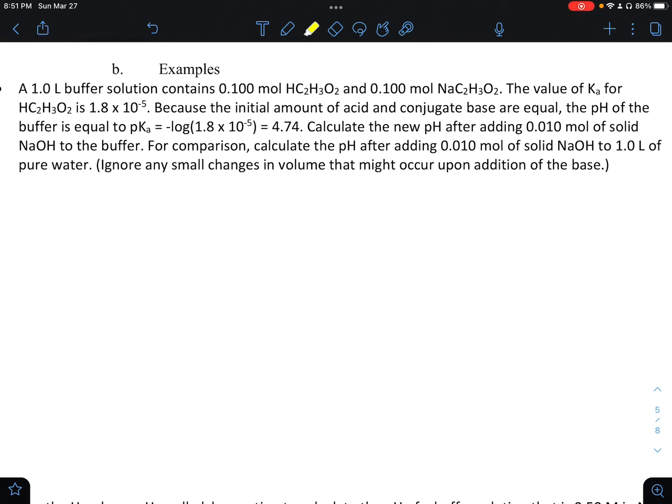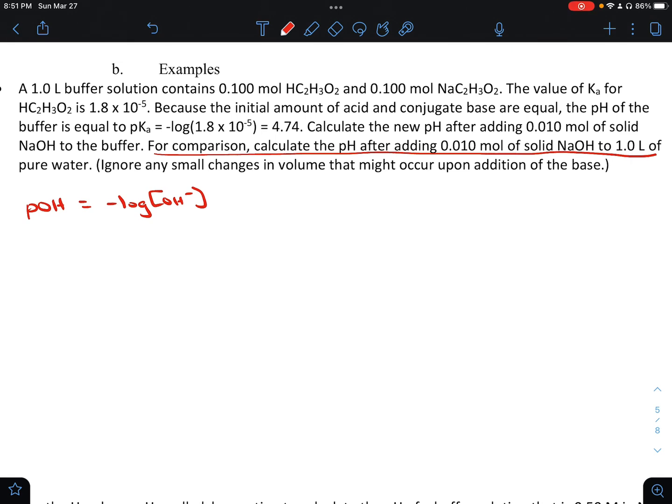For comparison, we're supposed to calculate just NaOH added to water. So let's start with that part. We're adding 0.010 moles of solid NaOH to 1 liter of pure water. That's going to be really simple. We have pOH equal to the negative log of our hydroxide ion concentration, because we have a strong base.